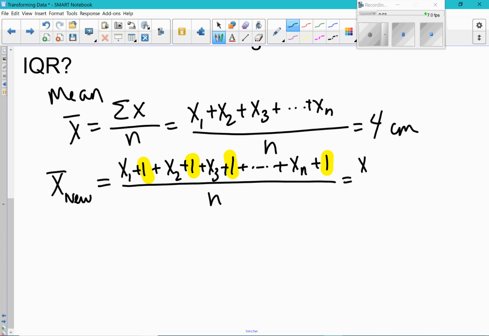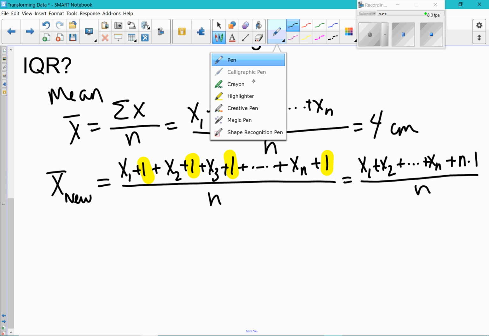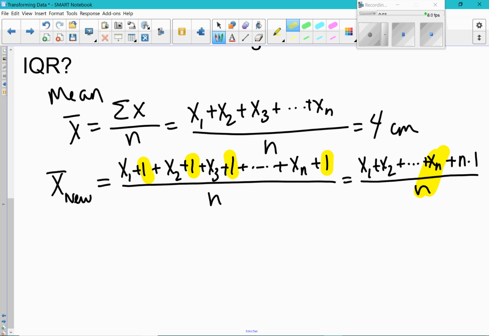So this is really x1 plus x2 plus dot, dot, dot, plus xn plus n times 1, all divided by n. We've added this 1 n times. And this part is the same as just the mean. You're just adding up x n times.